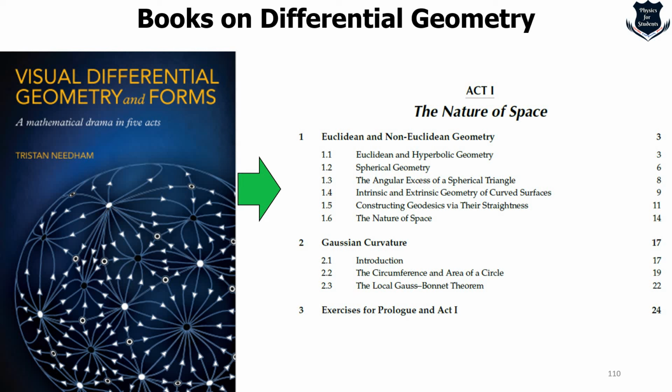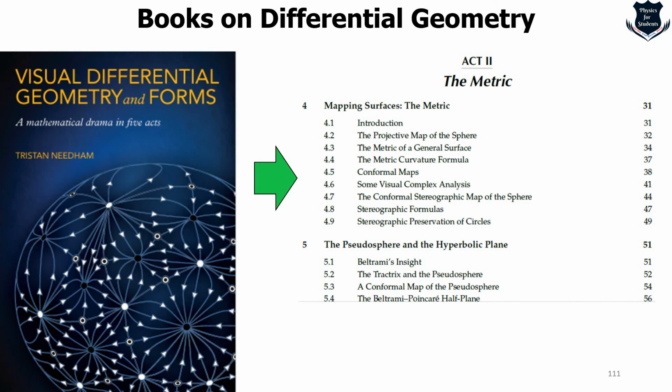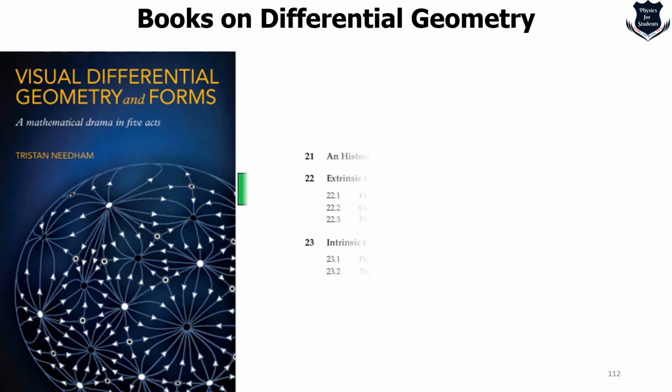Now if you start with the book, I have just given a very detailed content. Why? Because it is important. It starts with Euclidean and non-Euclidean geometry. It starts with nature of space, Gaussian curvature, etc. I have read this book. It contains great interesting stories from the history of mathematics. Then it goes into metric, Beltrami's insight, complex analysis, and so on.